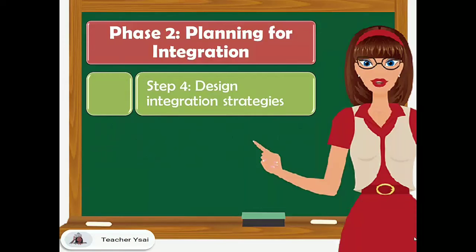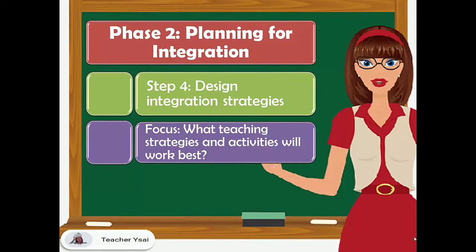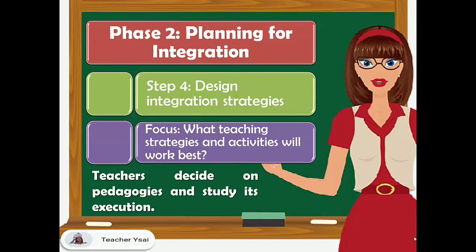The next step is design integration strategies. The focus of this step is to answer the question, what teaching strategies and activities will work best? Teachers decide on pedagogies and study their execution. In deciding on the instructional course of action, the characteristics of the topic and the needs of the students are taken into consideration whenever teachers create an instructional design for technology integration.